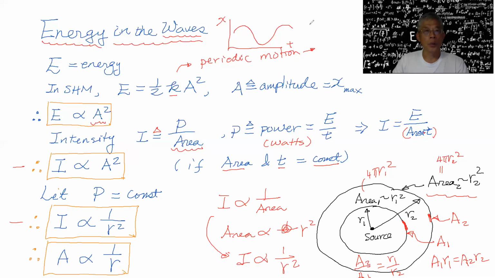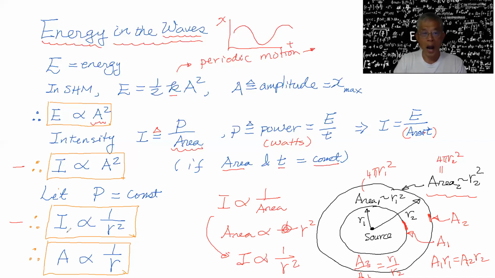What we're talking about is the energy inside the wave. As the wave is moving, it carries the energy. In this discussion, we found a lot of proportional relationships. In this case, I and R have an inversely proportional relationship with a square.